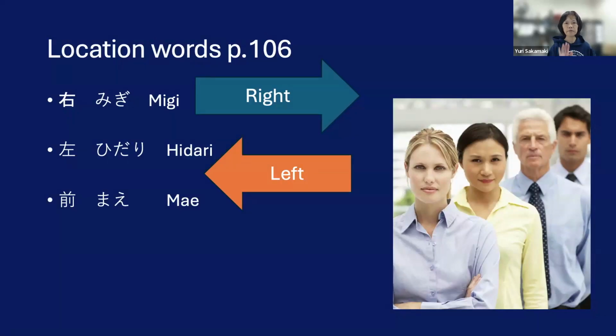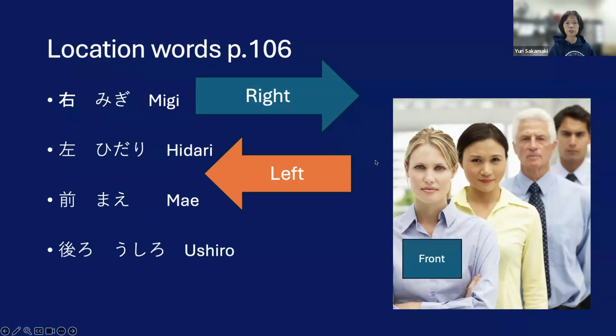And then we have in front, so just the word front is 前. And how about the back side was 後ろ. So we have 右, 左, 前, 後ろ. So they point to different directions, and you can explain where things might be.